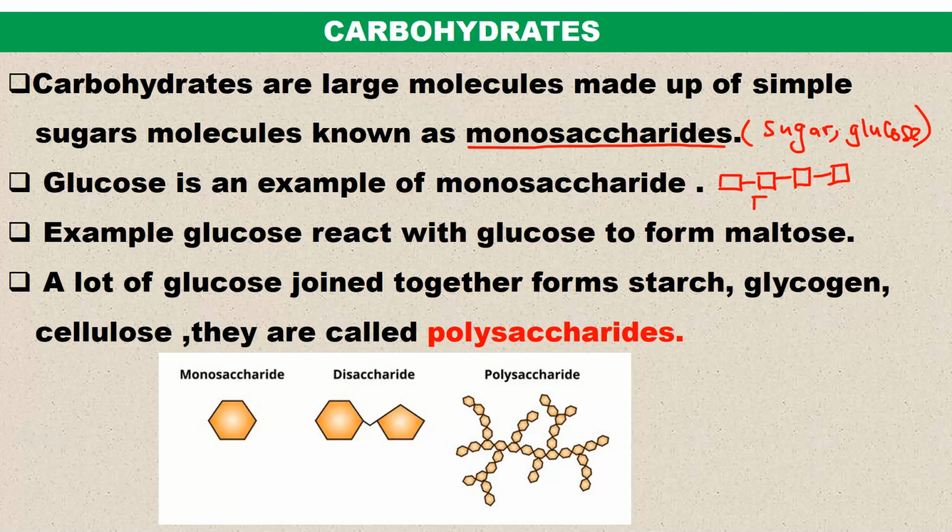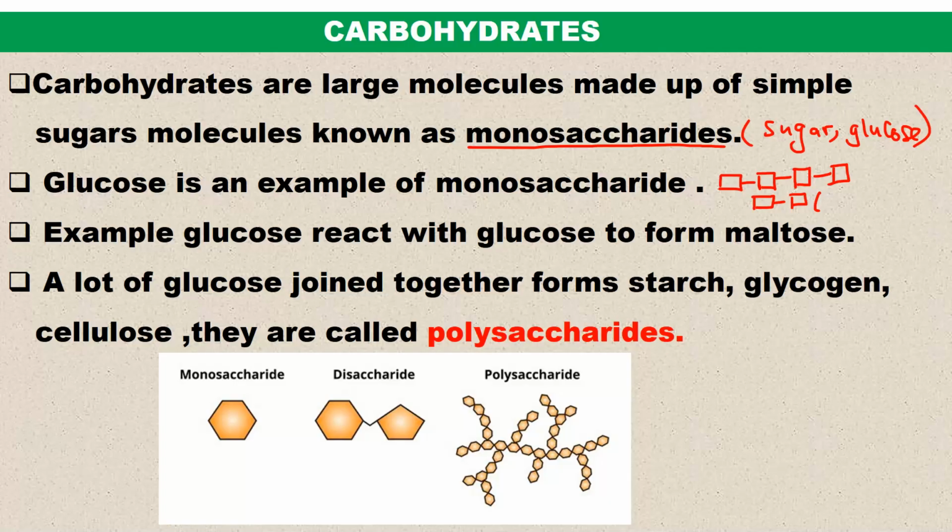But if only two combine, they form a disaccharide. An example of a disaccharide is maltose, which is made up of two glucose molecules. But a lot of glucose molecules form polysaccharides.